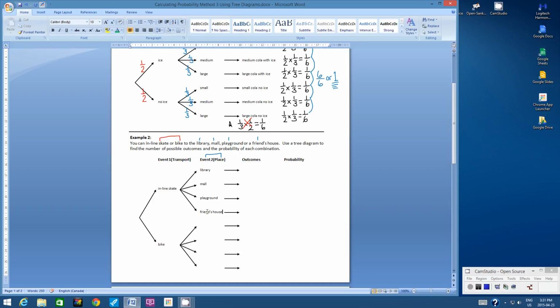You can just put friends if you don't have a lot of room. Okay, so now this set of branches is going to be copied down here. It has to look exactly the same because we have the same four outcomes: library, mall, playground, and friend's house. So while I'm typing, can you write those in the exact same order?